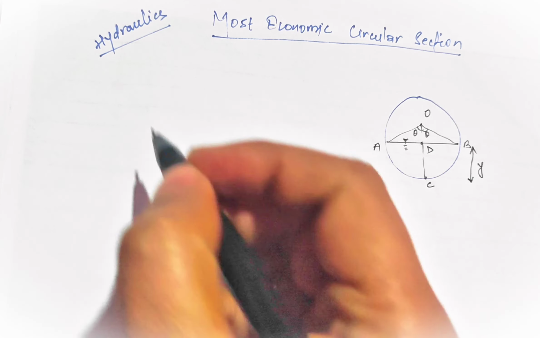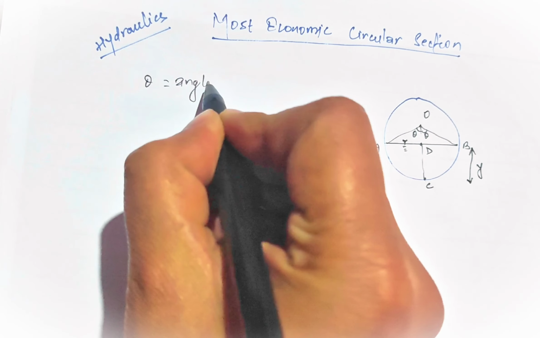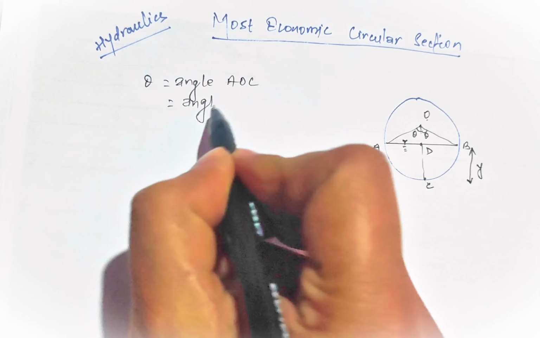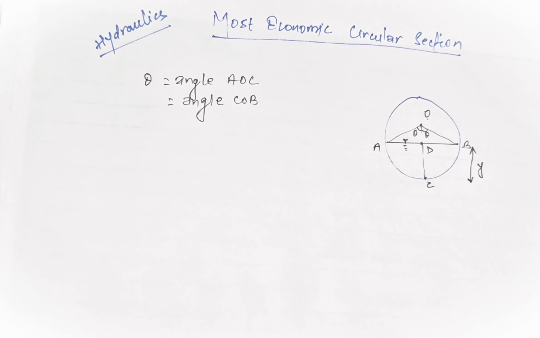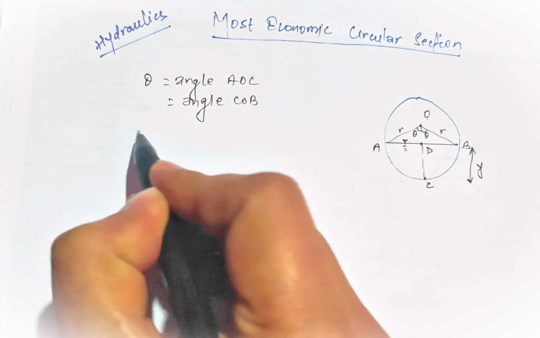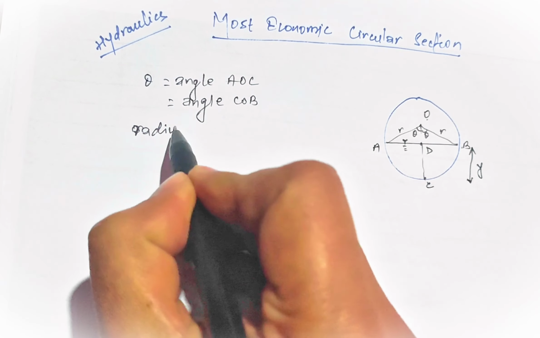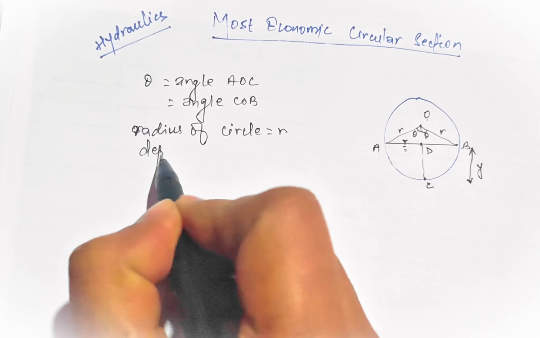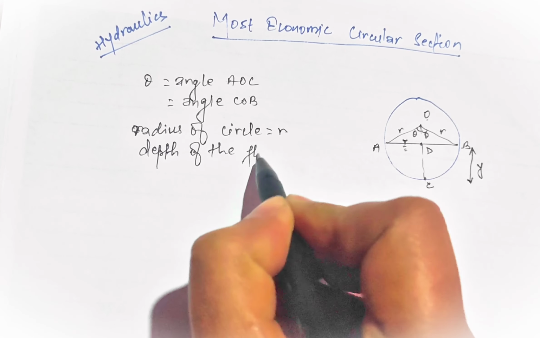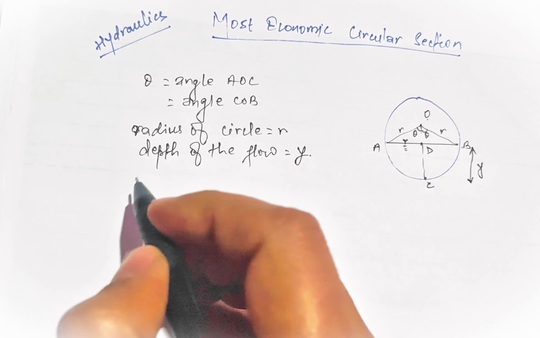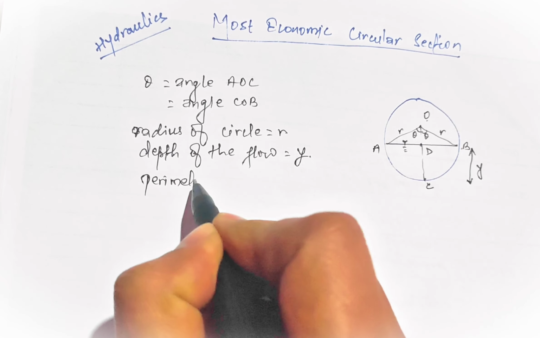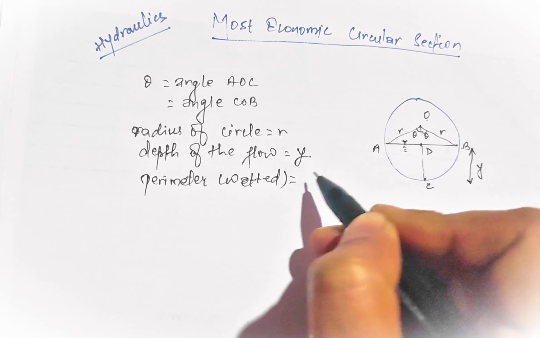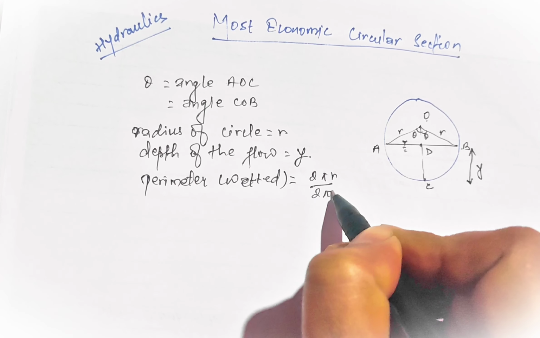As per the figure, theta equals angle AOC, and angle COB equals theta as well, and the radius of the circle is R. The depth of the flow equals Y, and the wetted perimeter can be given as 2 pi r divided by 2 pi, times 2 theta.